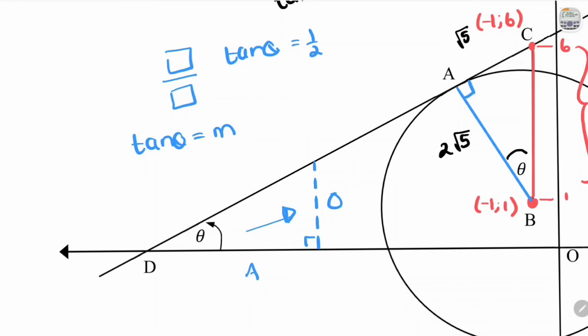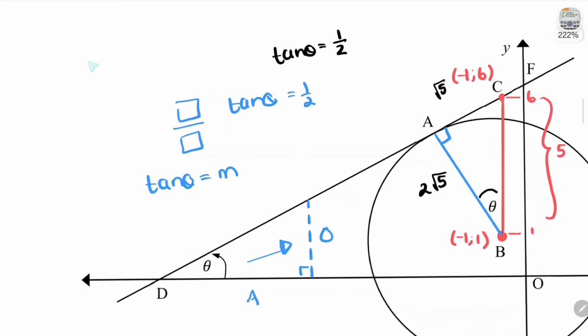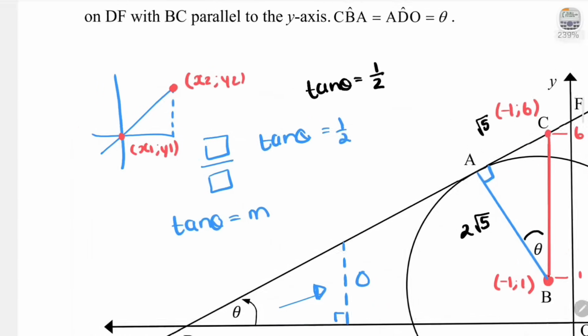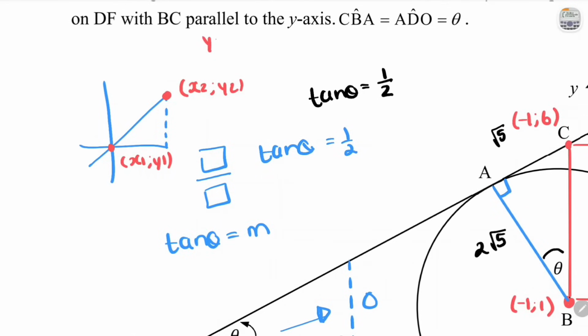It's because of what the gradient calculates. The gradient says y2 minus y1 over x2 minus x1. So if you had a point and this was x2 and y2, and that was x1 and y1, then finding the gradient here, we would say y2 minus y1 over x2 minus x1.